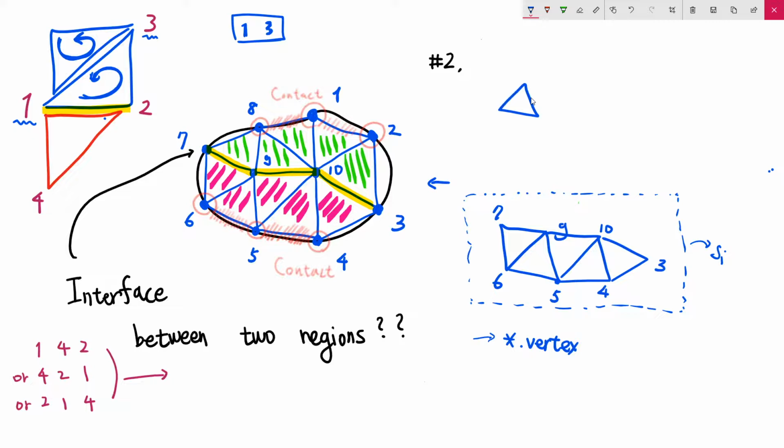load your second region. So 7, 9, 8, 1, 10, or what is it? 1, 7, 8.